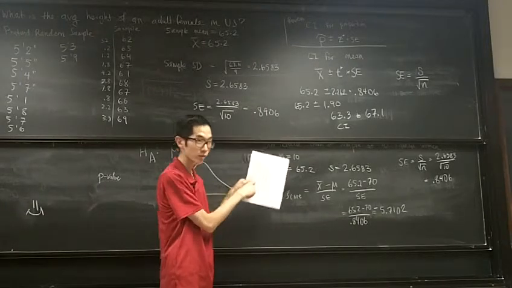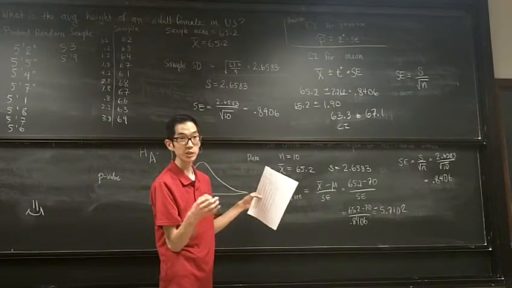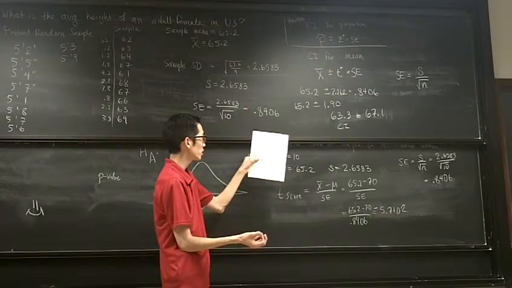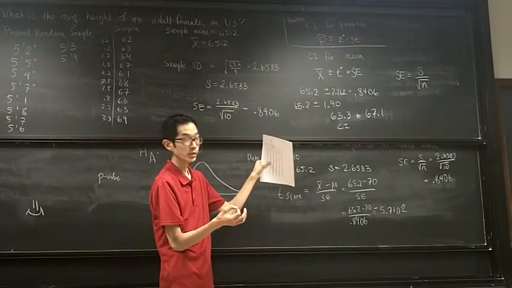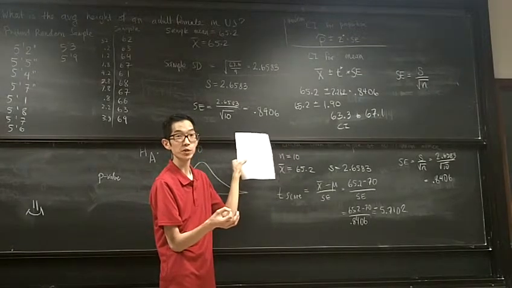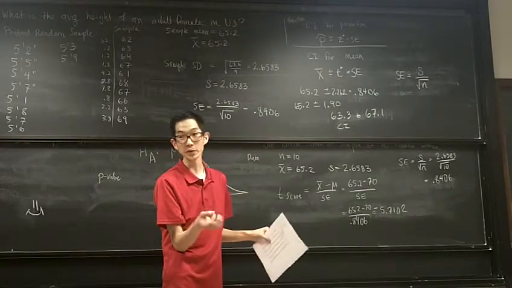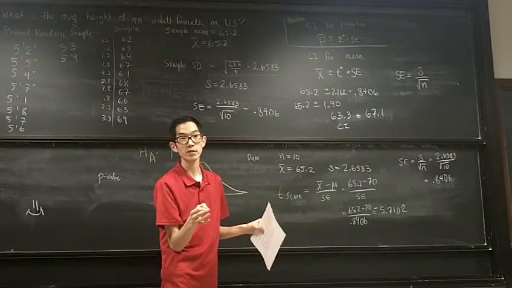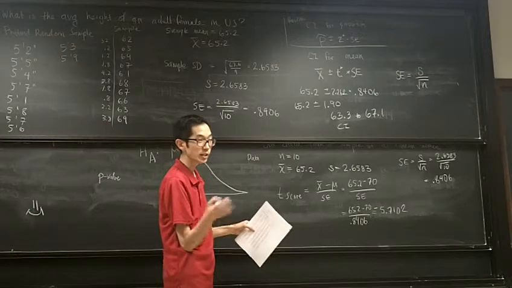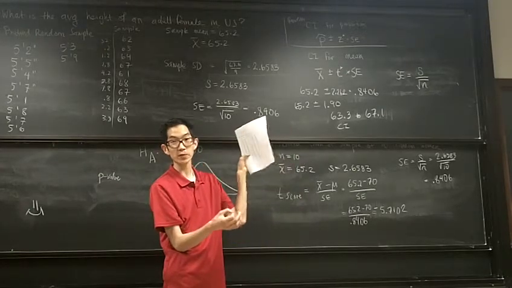Everyone's good? 18 people, how many degrees of freedom do you have? N minus 1, 17 degrees of freedom, okay? 18 people, 17 degrees of freedom, so you're going to use 1.74.